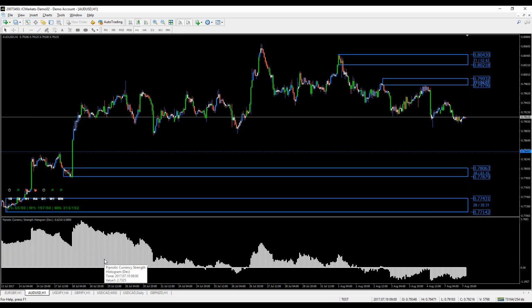I know that Mike has a setup that he uses where he uses the histogram and market flow to help him decide the shorter term entries. I think it's on the 1-hour chart. I'm not exactly sure which time frame he uses, but you have the same thing going on here where, instead of using the MACD, you would use this, and you could see that yes, we have market flow is down.